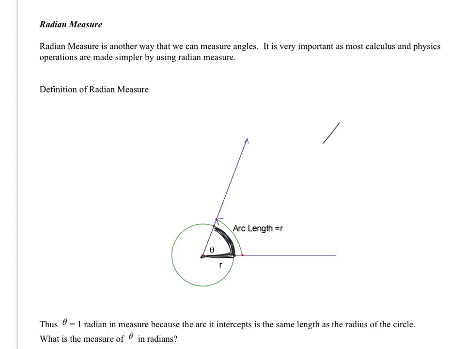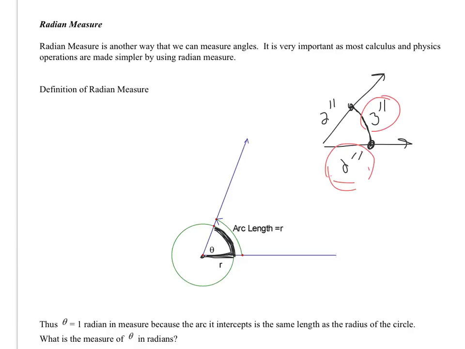So if I have an angle, say it looks like 45 degrees. If I go out, say 2 inches on this ray and 2 inches on this ray, then the movement will make some arc length, whatever that is. Let's say it's 3 inches. The radian measure wants to know how many radii, so how many 2's are in 3.